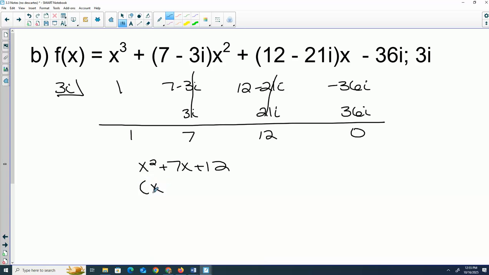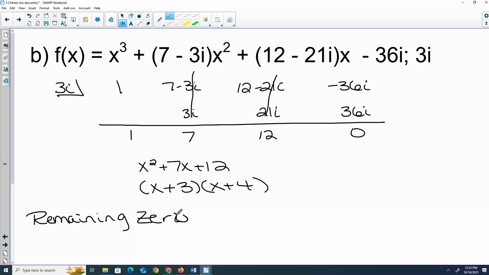What does that factor into? My directions were to find the remaining zeros. I gave you the first one, 3i. So how do we find the other two? Set those equal to 0. What makes x plus 3 equal 0? Negative 3. And if x plus 4 is equal to 0, that gives you negative 4. All right.